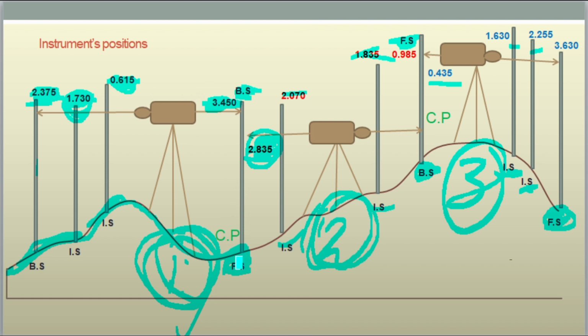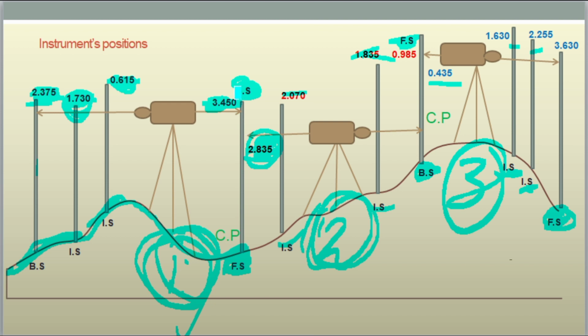So we maintain it in order for us to have a flow of our levels. So that's where our backside reading is taken. So our foresight, that's the last reading, and the backside, that is the first reading of the second position of the instrument, is taken.